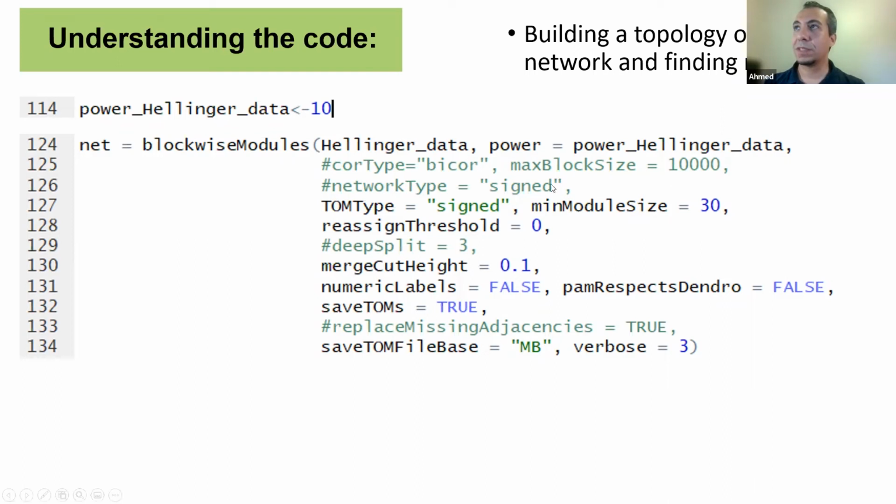You can also specify the minimum size for your modules from this network. So are you going to accept a module of 5 members or 5 OTUs? Maybe that's fine. But if you have very few members in your module and you're trying to do regression with 5 data points, then most probably the power of the test that you are going to do later is going to be very weak.